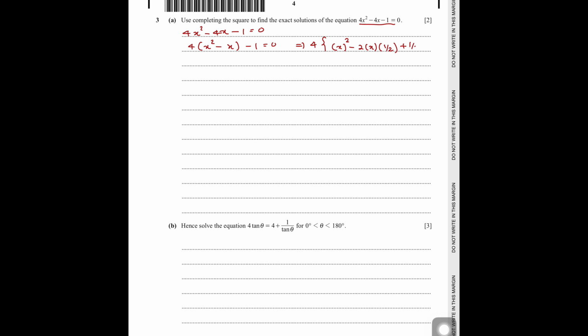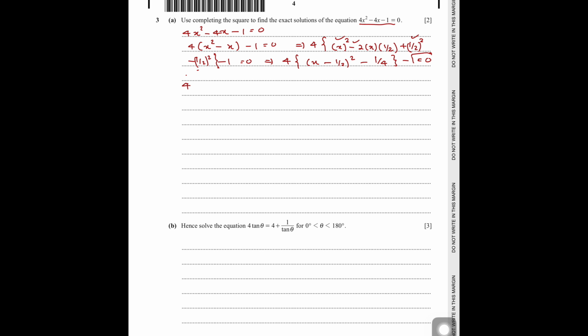The third term is half squared, but I didn't have it, so minus half squared, minus 1 equals 0. So this gives me 4 times x minus half, squared, minus half squared is a quarter, minus 1 equals 0.